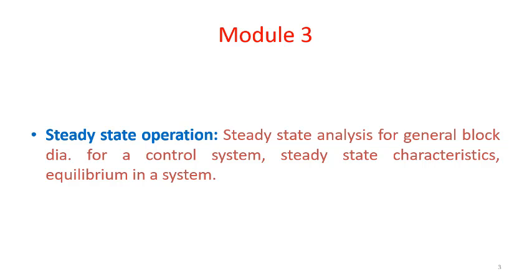Next, steady state characteristics and equilibrium in a system. So already we know what is steady state operation and why steady state is required in a case of a control system. Under this steady state operation, we are going to know more about the method to determine the steady state error.